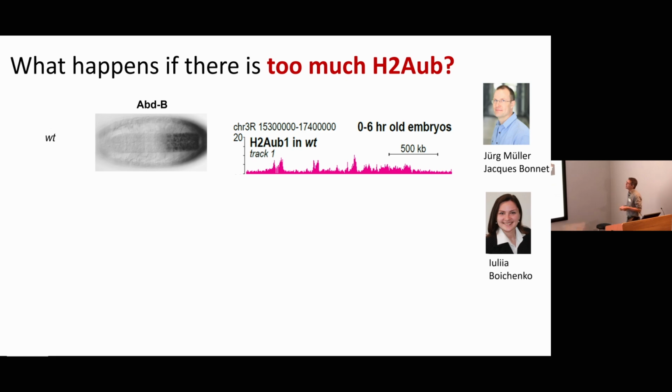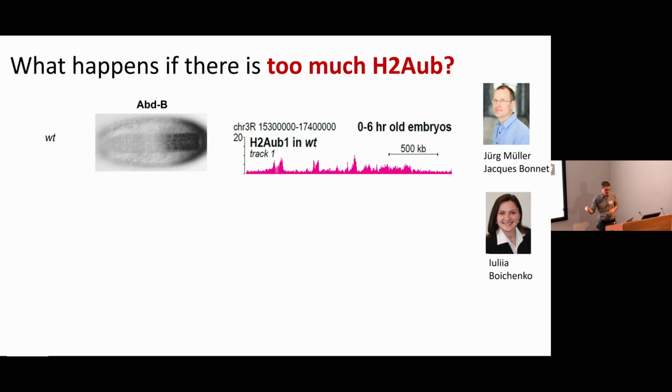The lab of Jürgen Müller, our collaborator, and in particular postdoc Jacques Bonnet, have observed that if you take wild-type flies and look at the levels of H2A ubiquitination throughout the genome, you see some baseline level.